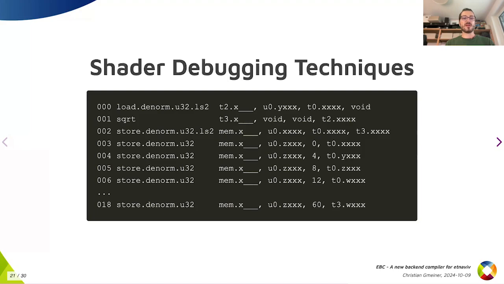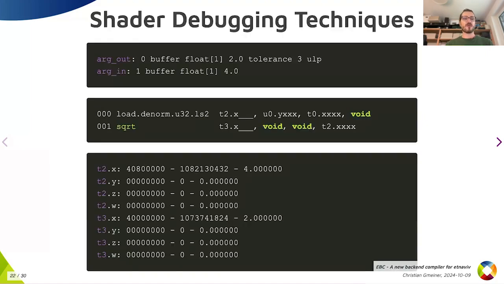After running the OpenCL kernel, we can map and read the buffer object to check the values of the registers and see how the data moved through the shader. When we put all the information onto one slide, we can clearly see the flow of data. In this example, we have an input of 4 and we get the output of 2 for this square root function.